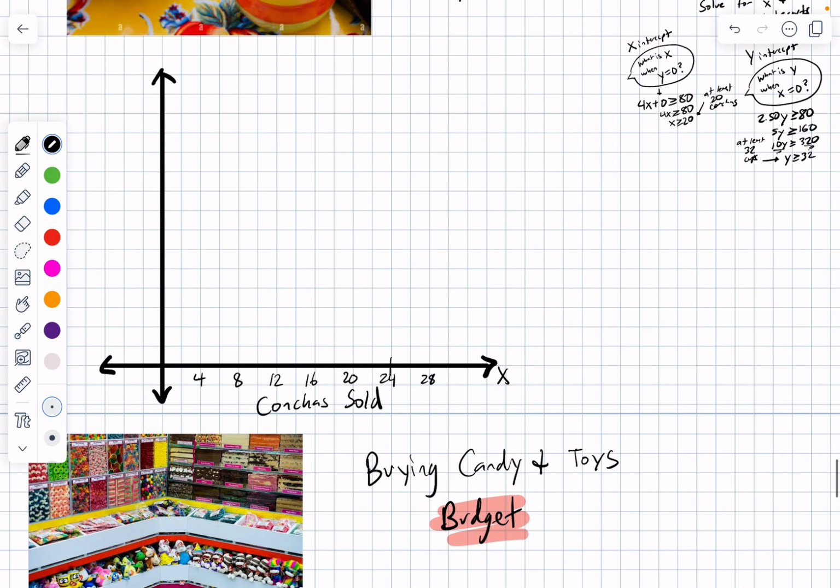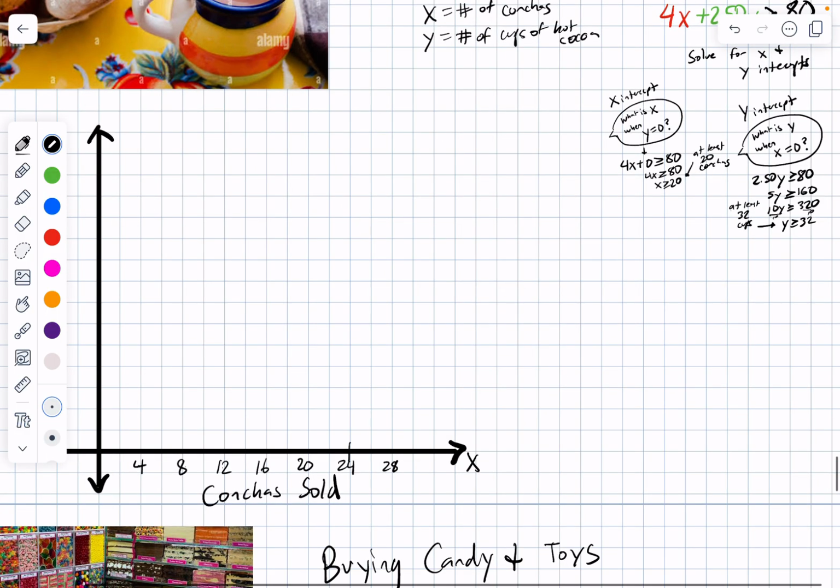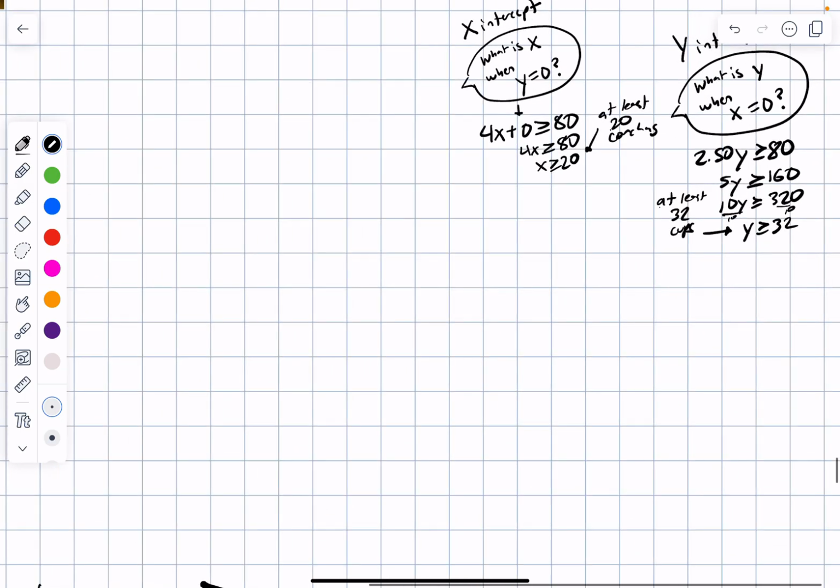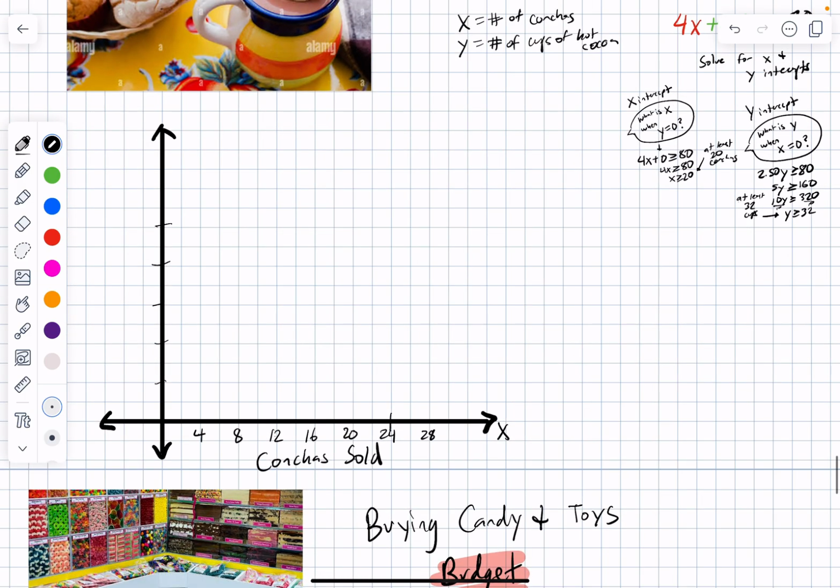Okay, and then my y-intercept is 32. Will that fit? Let's see. 4, 8, 12, 16, 20. Ooh, it might not fit. What would be a good number for it to count by? 4s are good, maybe I just want to stick to it.